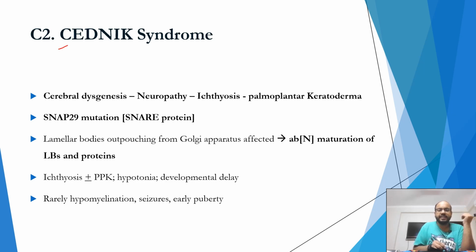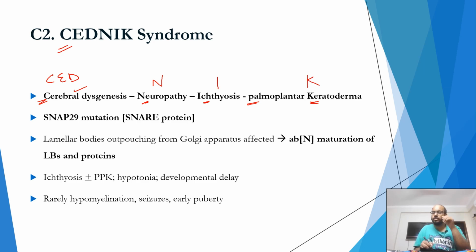The second is CEDNIK syndrome. CEDNIK is cerebral dysgenesis, neuropathy, ichthyosis, palmoplantar keratoderma, and this group together is used as the mnemonic CEDNIK. It is caused by SNAP29 mutation, which causes a mutation in the SNARE protein.